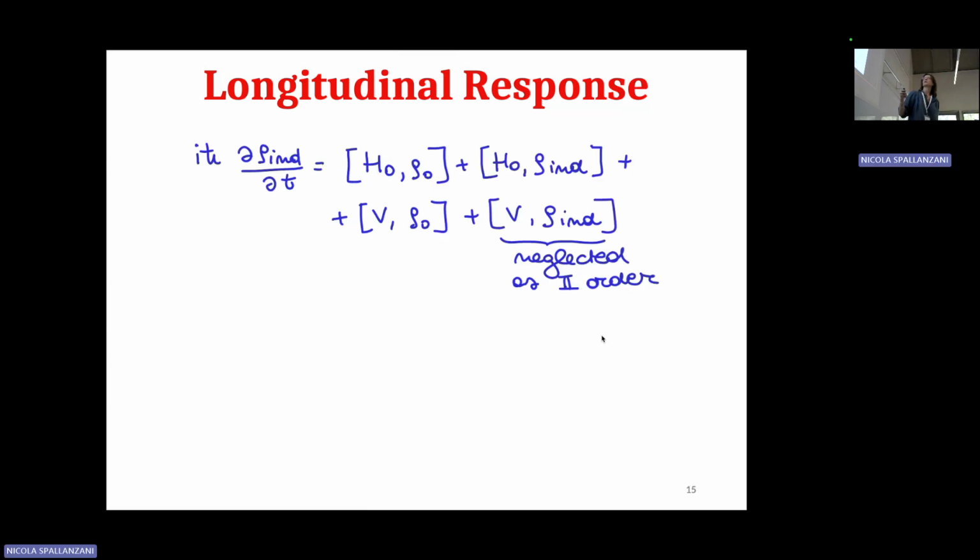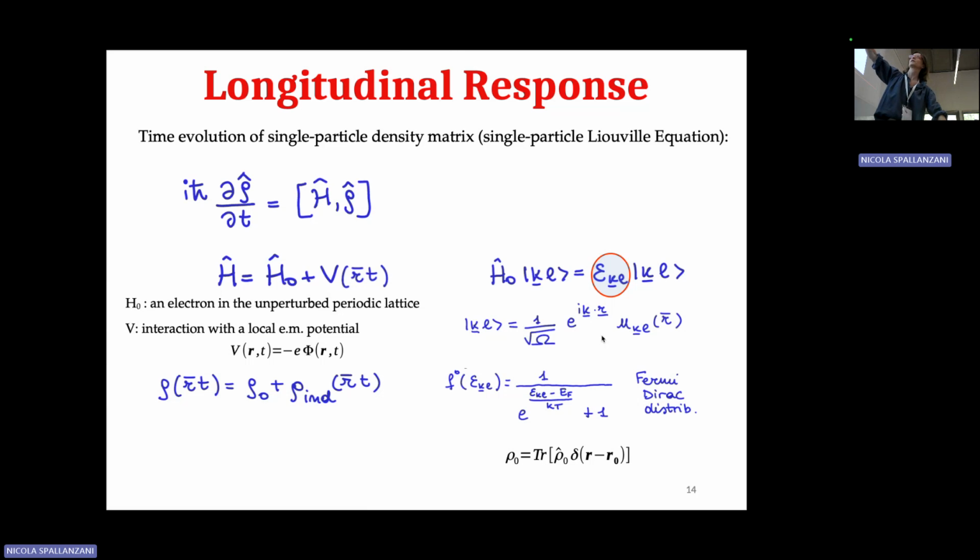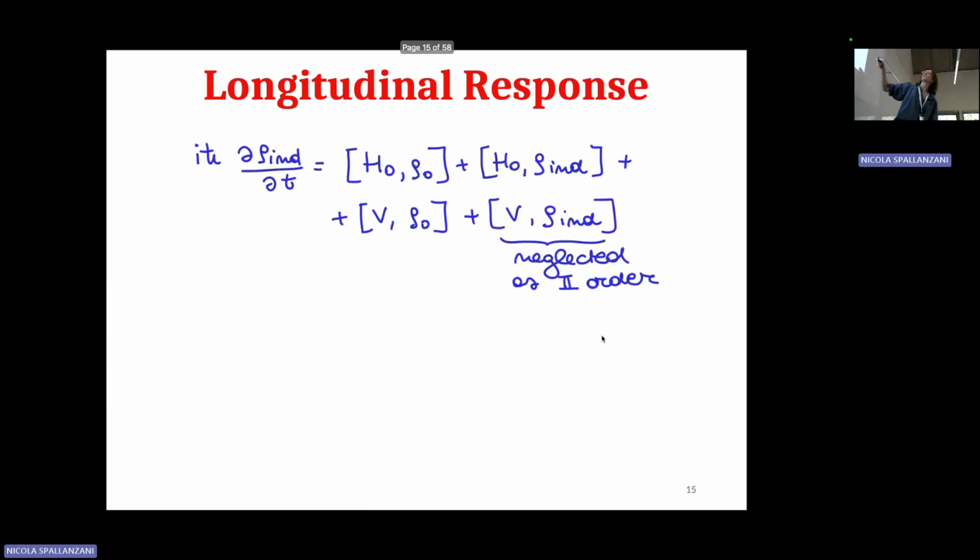If we go on and expand this equation by replacing H0 and V, we obtain this kind of equation with 4 commutators, but we neglect the fourth because it's at second order.